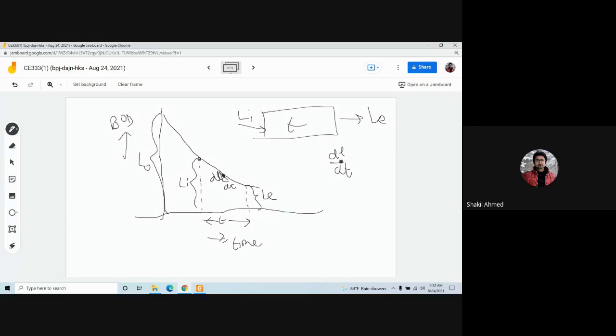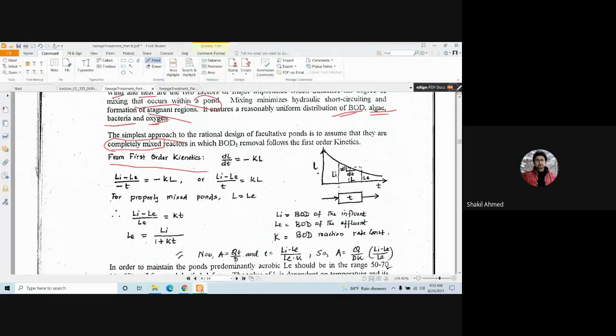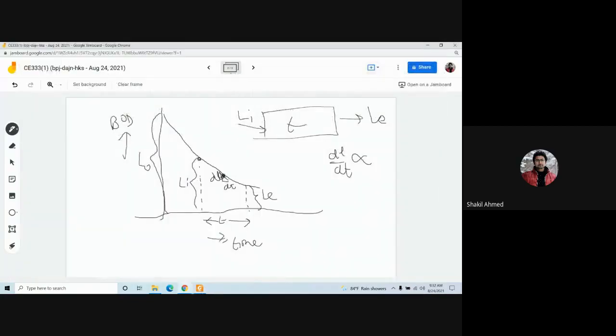BOD reduction rate with time is proportional to the BOD remaining at this point. Let's say this is L. Clear? At any time T, the BOD reduction rate with time is proportional to the BOD remaining at that time. Did I make it clear?